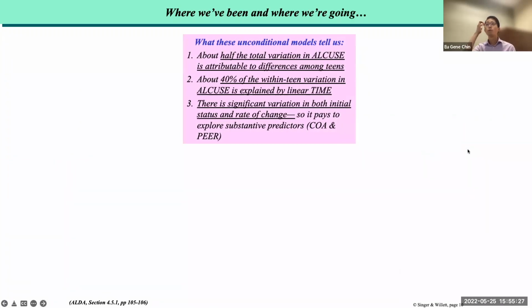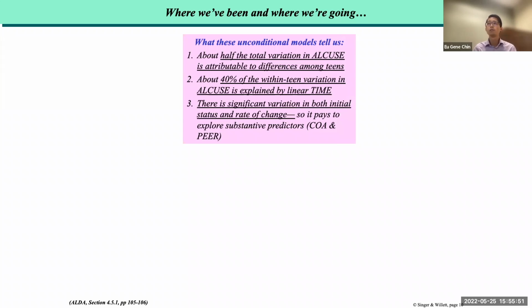So what do these unconditional models, which include the unconditional means model and the unconditional growth model, tell us? From the unconditional means model, we talked about how once we partition the total amount of variation into between and within person variance, we find that about half of the total variation in alcohol use is attributable to differences between teens.